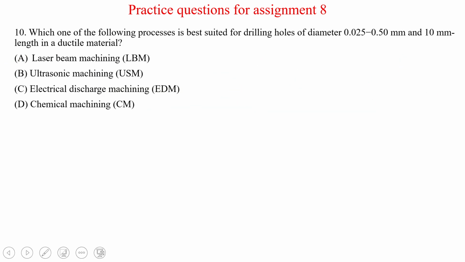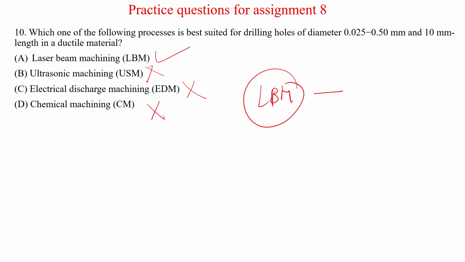Now the last question is, which of the following processes is best suited for drilling holes in a ductile material? Ultrasonic is not used for this. EDM is not used. Chemical is not suitable. What is left is LBM. Laser beam machining is used for this because it provides a very narrow beam that can be used for drilling.